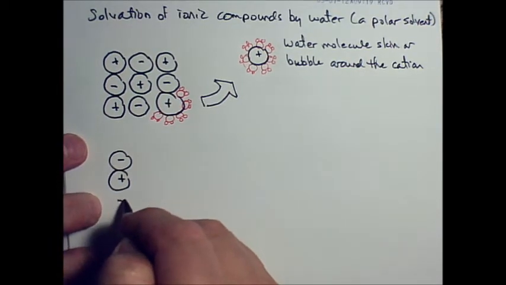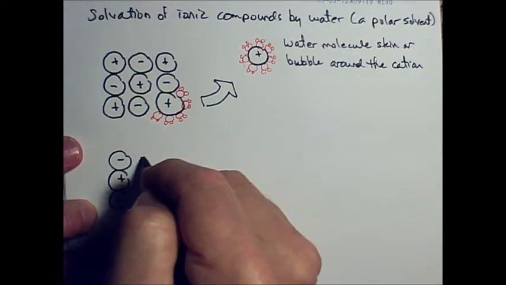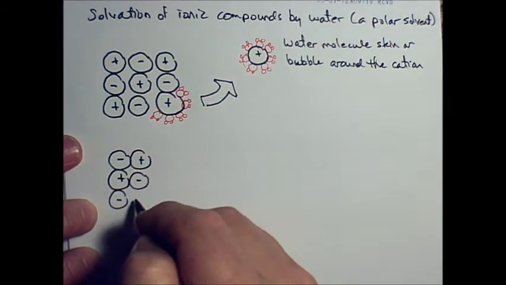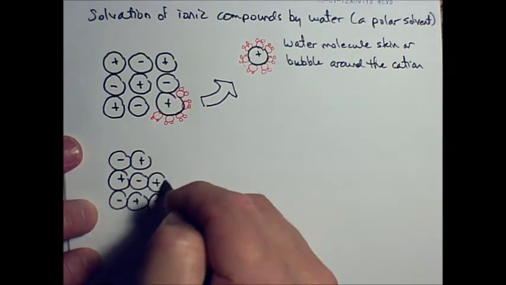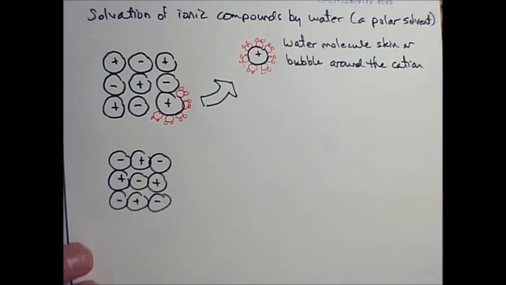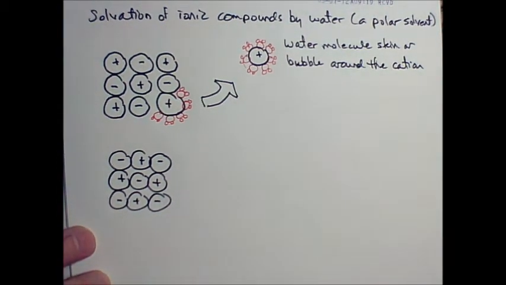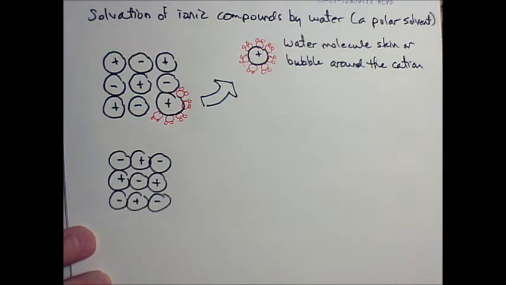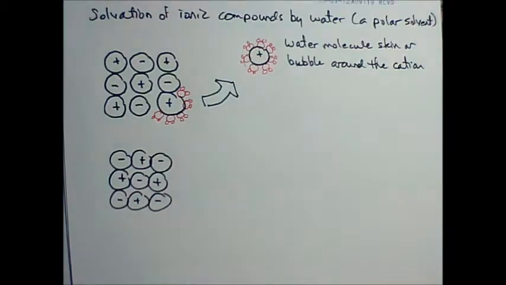Water molecule skin or a bubble? Mm-hmm. Okay, so the same sort of thing can happen. Cation, a positively charged ion. A cation is a positively charged ion. Just set it right here. Okay?